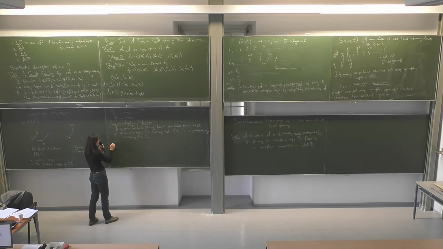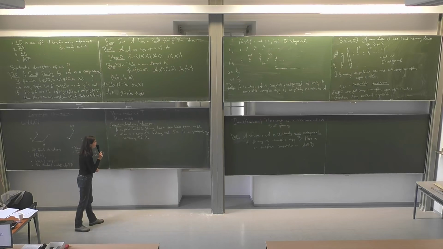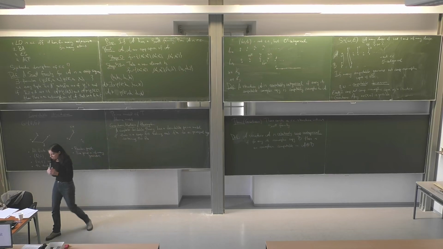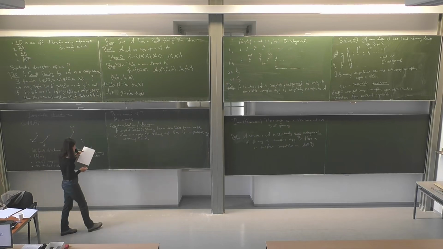Saturated models are those that realize all the types of the theory, and the result is again by Goncharov and Morley and Millar, three of them independently.